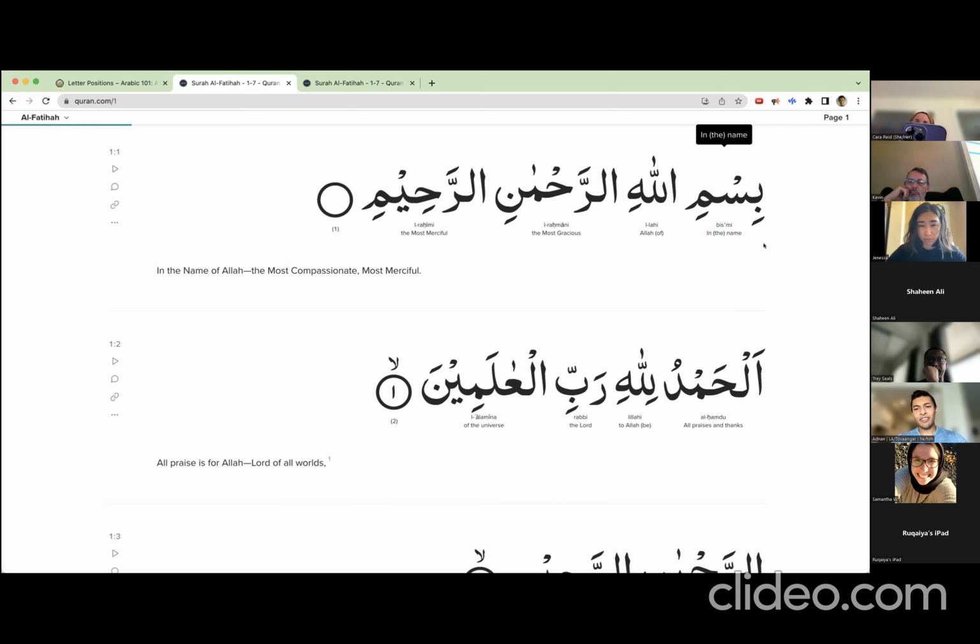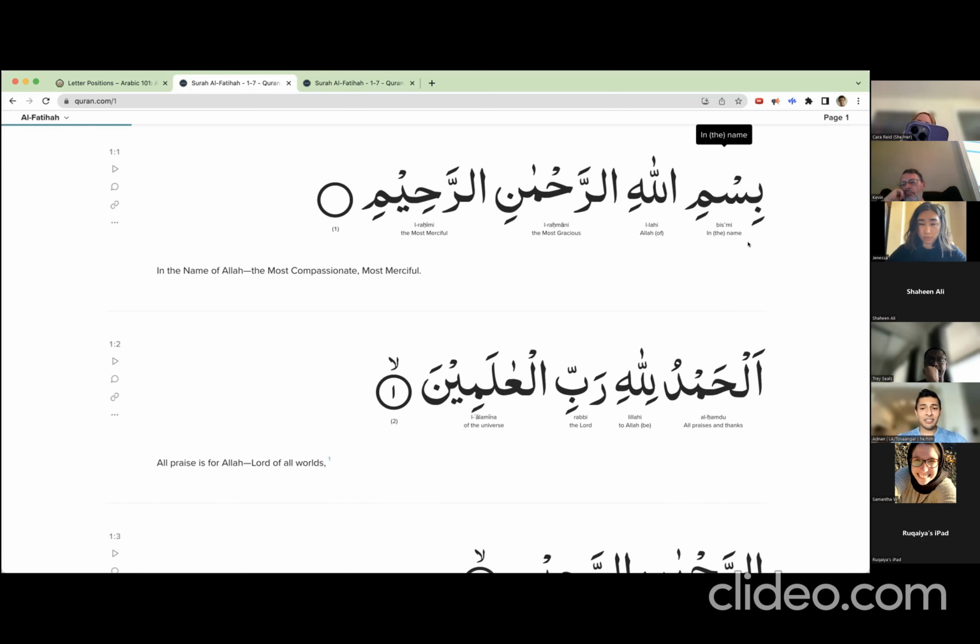So why are there different vowels at the end of the same word? The reason is that in Quranic Arabic there are three cases. Cases are how a noun or a particular word is used in a particular sentence.